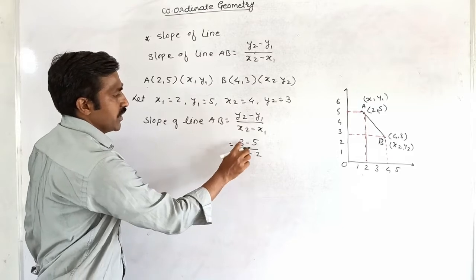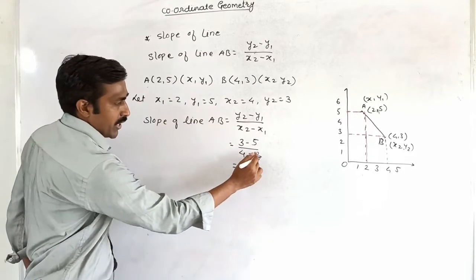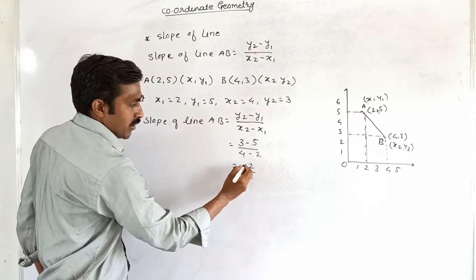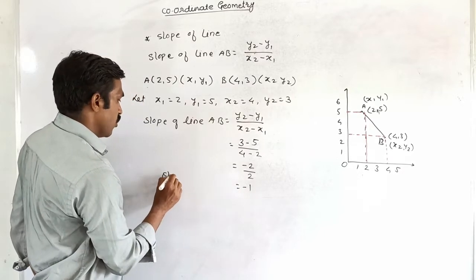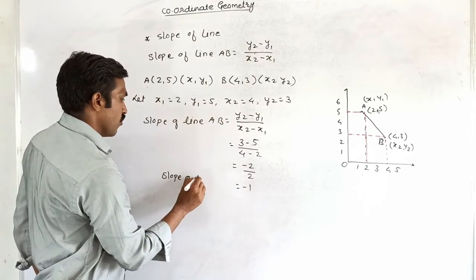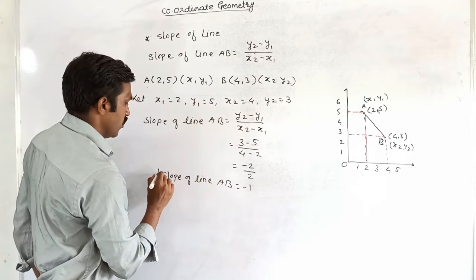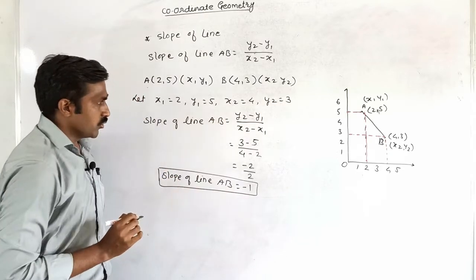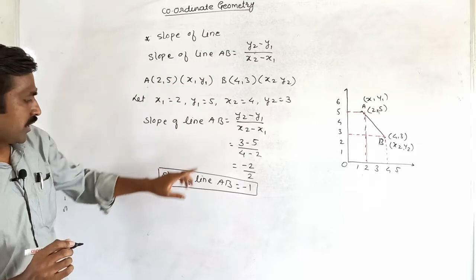Now calculate: 3 minus 5 is minus 2 and 4 minus 2 is 2. Minus 2 divided by 2 is minus 1. So the slope of line AB is equal to minus 1.